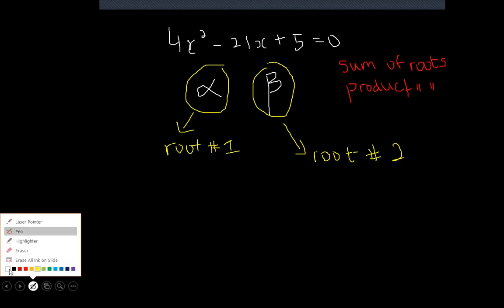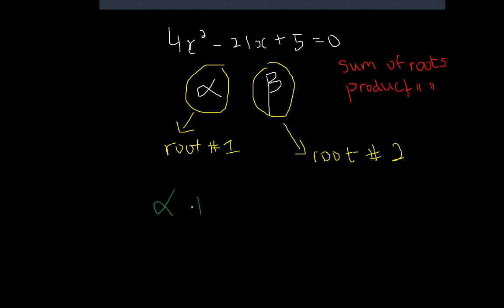So if they want the sum of my two roots, all I have to do is put alpha plus beta. But the problem is, how do we find alpha plus beta? We know a formula. We know that alpha plus beta is equal to minus b on a.